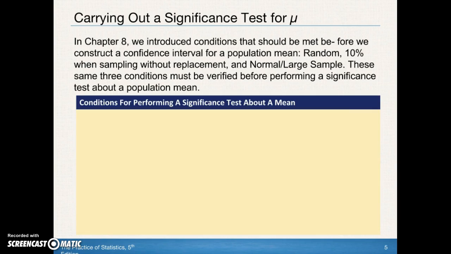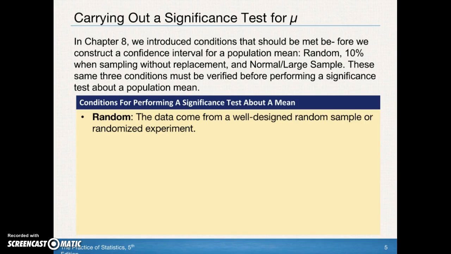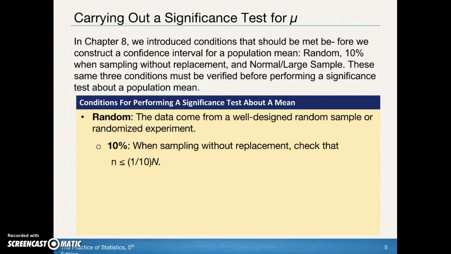And then the next thing that we did is we have to check our conditions. Remember, our conditions are, should it be random, well-designed random sample or randomized experiment? We have that 10% condition. When sampling without replacement, check that, and they again write it this way, the sample size is 1/10 of the population.